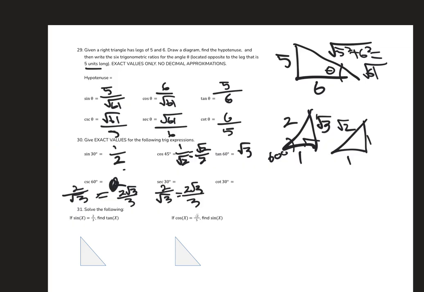And the cotangent of 30 degrees would be 1 over the tangent of 30 degrees. The tangent of 30 degrees is 1 over root 3, so this would be root 3 over 1. So there we have it.